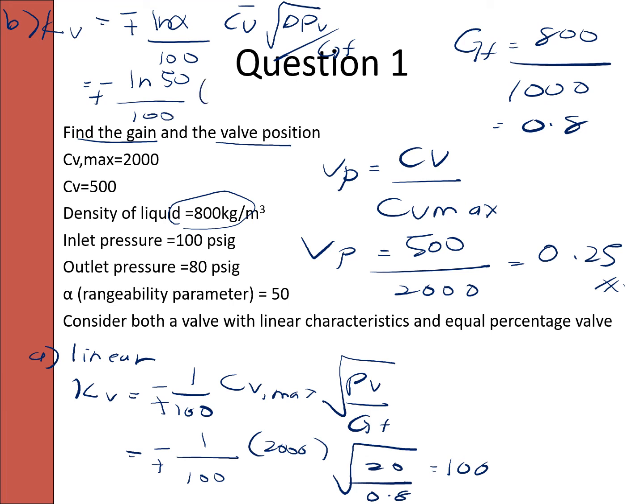CV is 500, and the delta PV is the same, 20 over 0.8. Let's calculate with me.